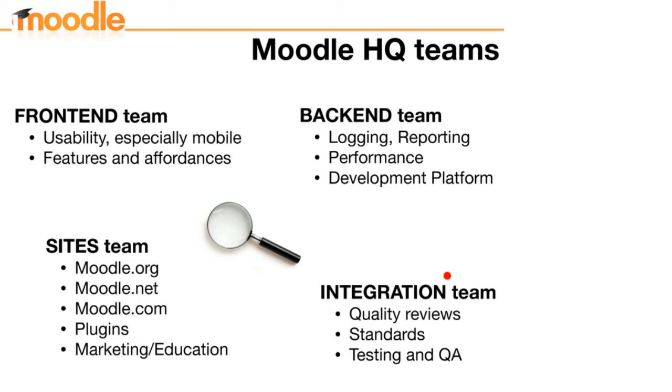Then there's the back-end team, which focuses on the developer-facing stuff: everything to do with the APIs on the back end, Moodle as a development platform, and in particular at the moment logging, reporting, and performance. Those are things users don't see so much, but obviously the front end relies on the back end.